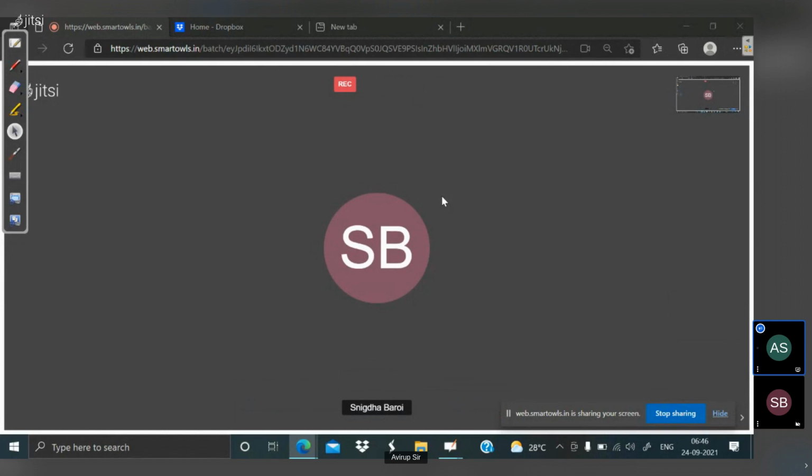Because the main toughness of this exam does not lie in the question paper. The question paper is standard. It is neither easy nor that tough. What makes JEE or NEET tough is the syllabus of the exam. Whatever exam you give, it will be based on both your class 11 and class 12 syllabus, the full syllabus.